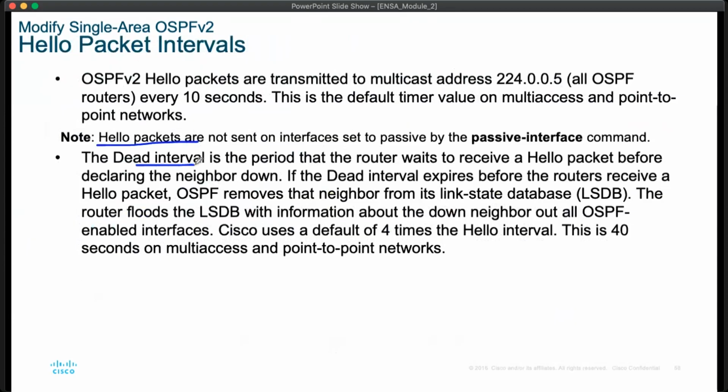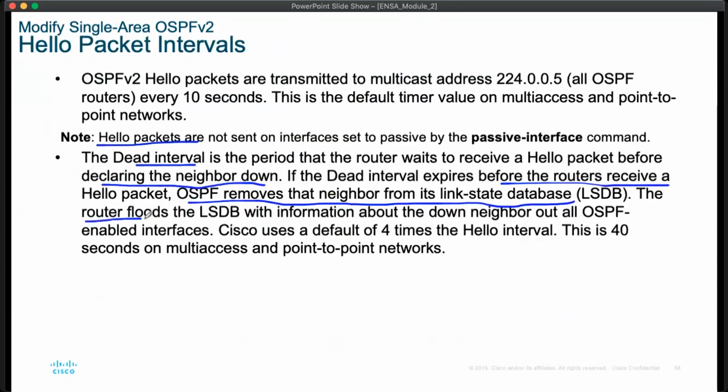The dead interval is the period that the router waits to receive a hello packet before declaring a neighbor down. If the dead interval expires before the router receives a hello packet, OSPF removes the neighbor from its link-state database, or LSDB.